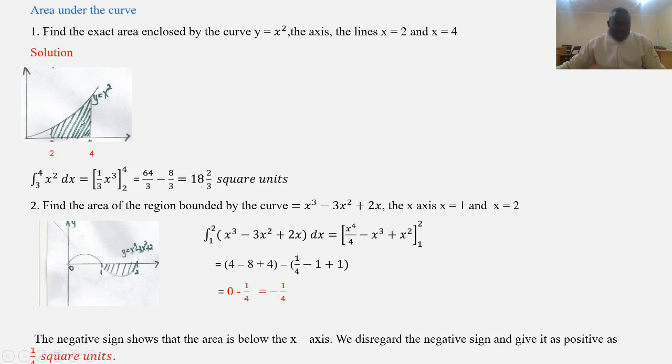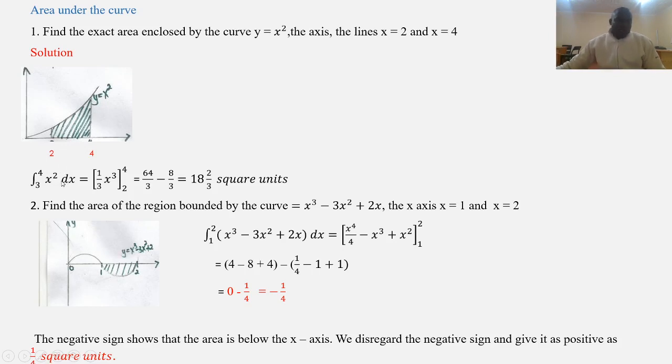To find the area we are asked here, we have the limits 4 and 2. So we integrate this curve y equals x squared with respect to x, with limits 4 and 2, for us to find the shaded area.